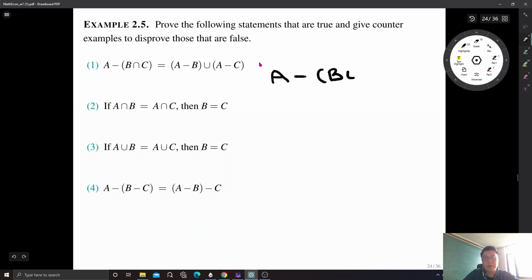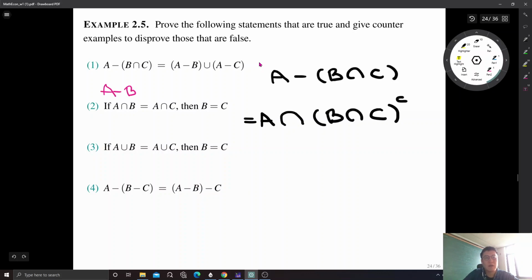For A minus B intersection C, first using the definition of set difference, we can write this as A intersection the complement of the second element, because A minus B was A intersection B's complement, right? So the set difference between A and B intersection C should be this.